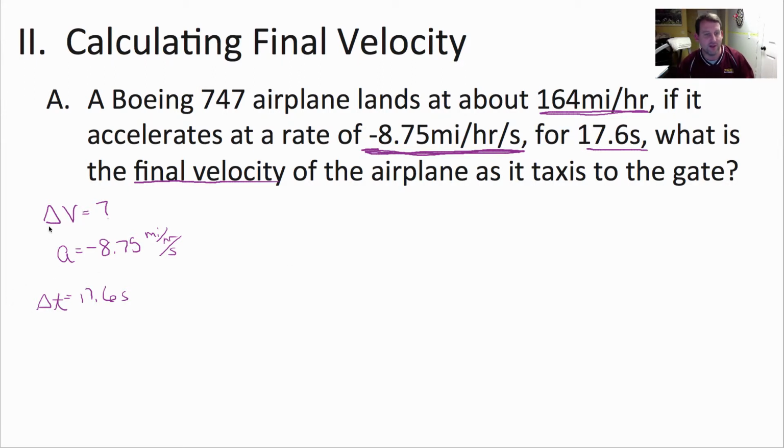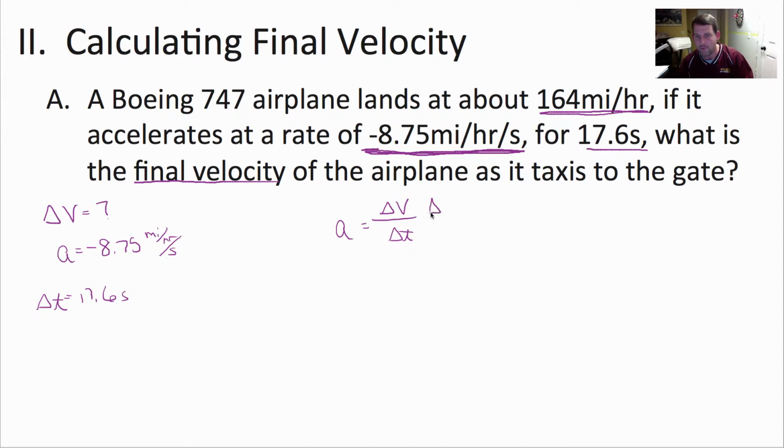Now, as we approach this, we say, well, we've got these three things. We have the acceleration equation. Acceleration is equal to the change in velocity divided by the change in time. And in this case, I'm looking for the change in velocity. So I'm going to try and get rid of this change in time in the denominator.